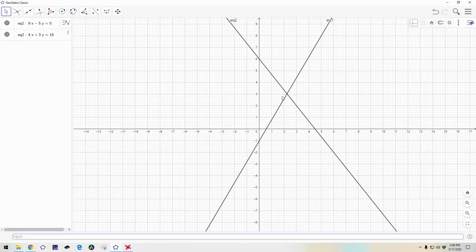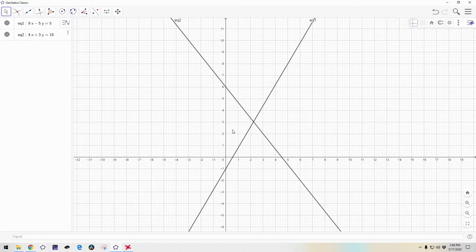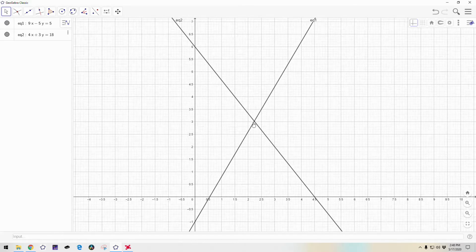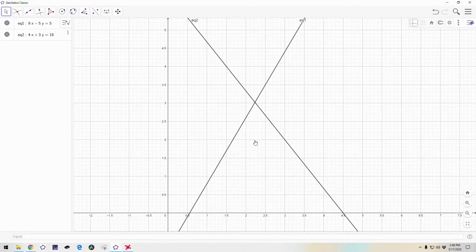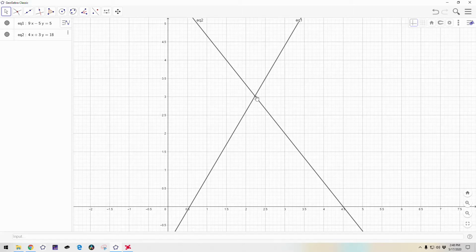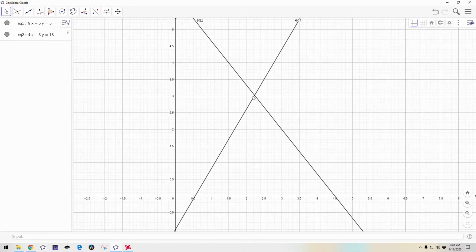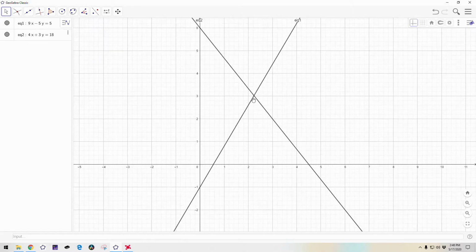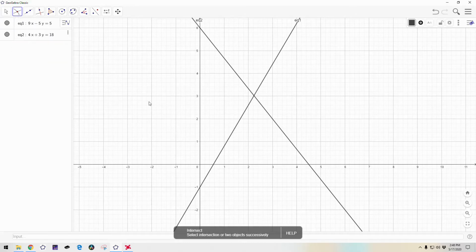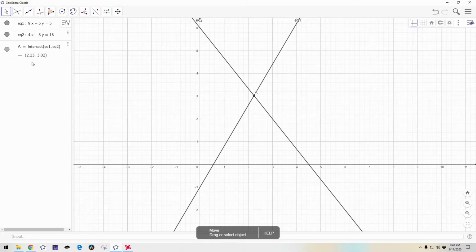And you can see right here where they intersect, not anywhere near a nice pretty line of any sort. I have to zoom in a good bit for you to even be able to see any of the decimals that would be close. Trying to draw this by hand would be futile to have any sort of accuracy. Let's go ahead and have it calculate the intersection here. And as you can see, it's exactly what we calculated in the other two, the 2.23 and the 3.02.